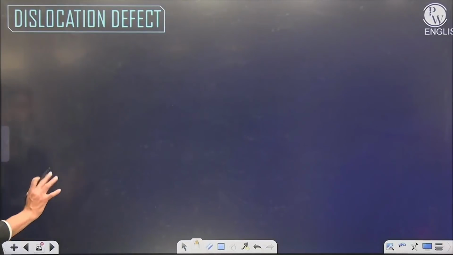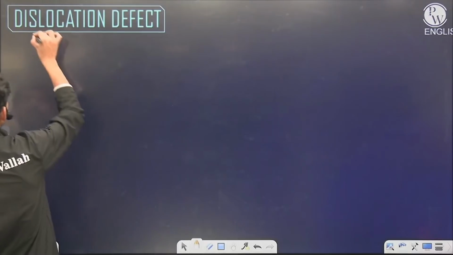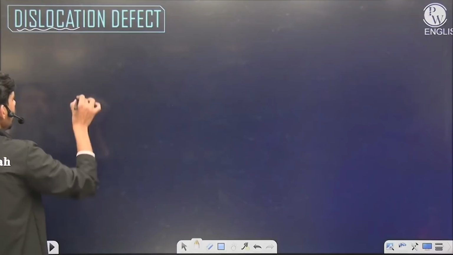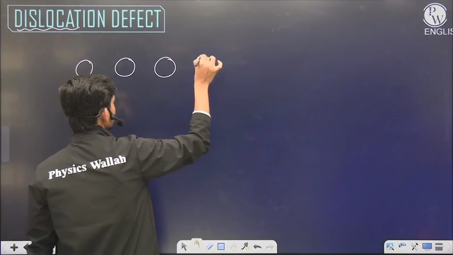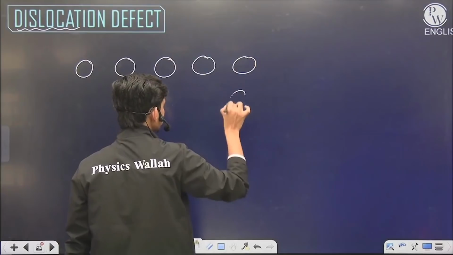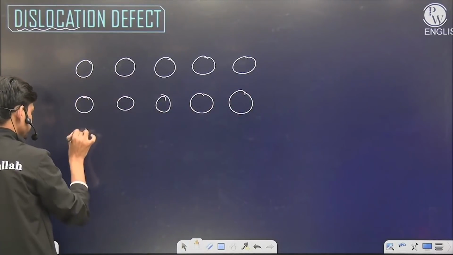So in the stoichiometric defect, the first defect is dislocation defect. As the name itself makes clear, suppose the solid is supposed to have a structure something like this. All atoms have to be arranged in a regular pattern.